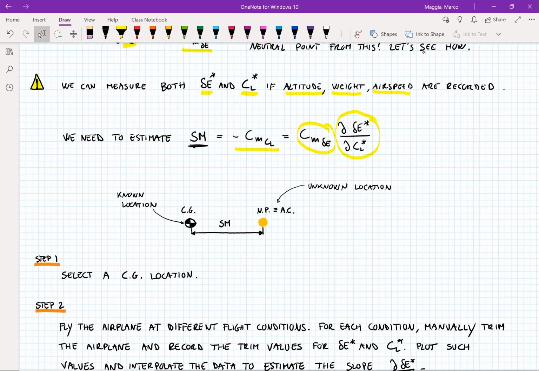All right, so let's see how we can do that by simply measuring delta E star and CL star.